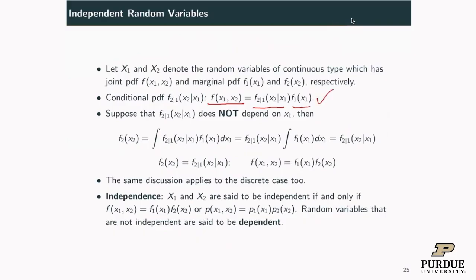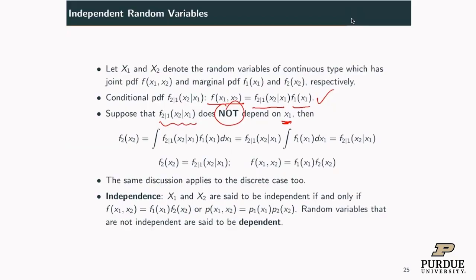This is always true by definition of conditional PDF. Now there is a special relationship. The conditional PDF of x2 given x1 does not depend on x1. That means whether you know x1 or not, it will not affect the distribution of x2.